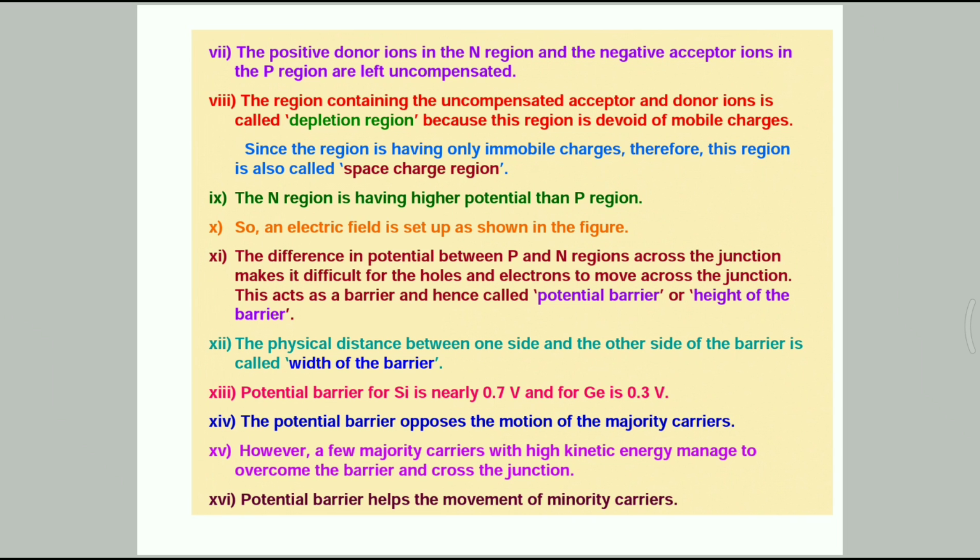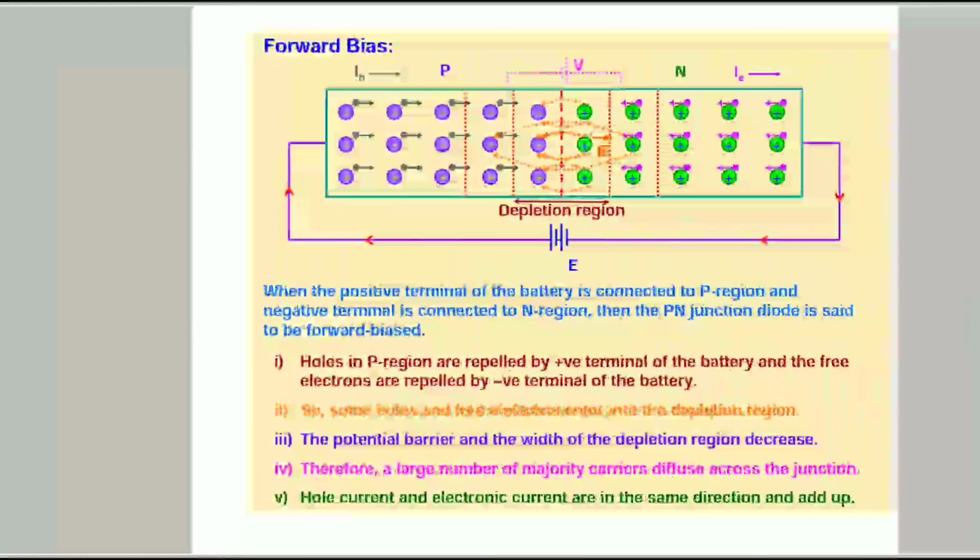The potential barrier opposes the motion of the majority carriers. However, a few majority carriers with high kinetic energy manage to overcome the barrier and cross the junction. The potential barrier helps the movement of minority carriers.